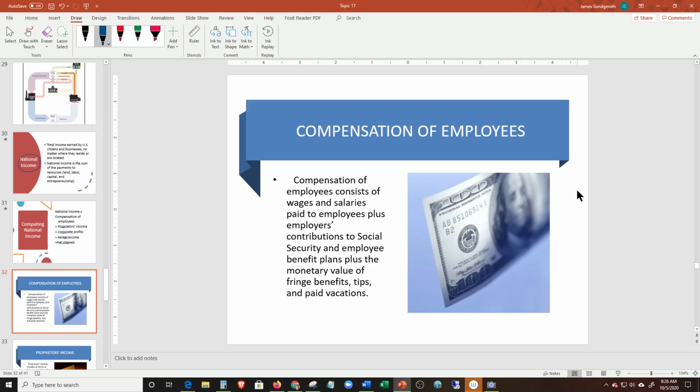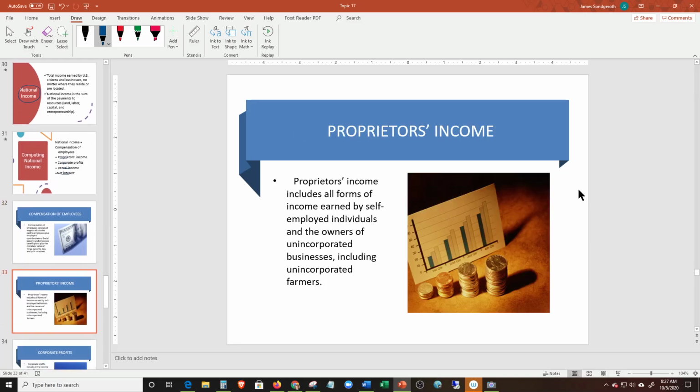So we talk about compensation of employees, which consists of wages and salaries paid to employees plus employers' contributions to Social Security and employee benefit plans, plus monetary value of fringe benefits, tips, and paid vacations. That's all included in compensation.